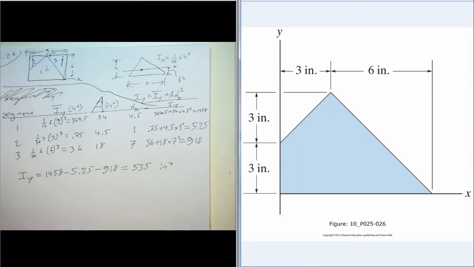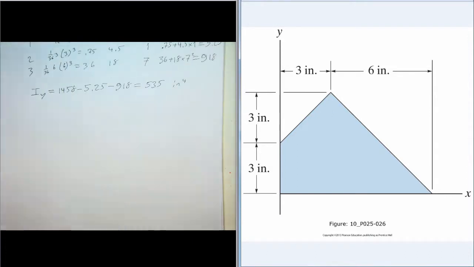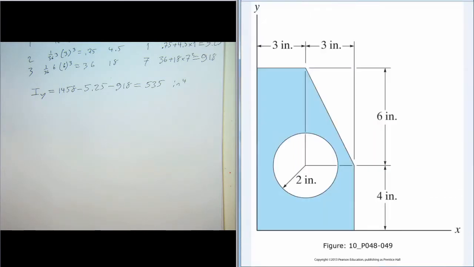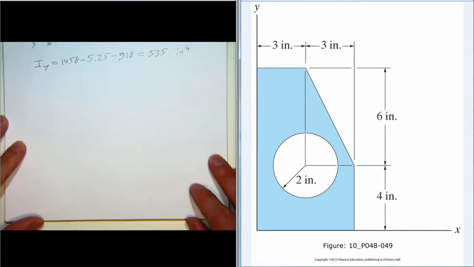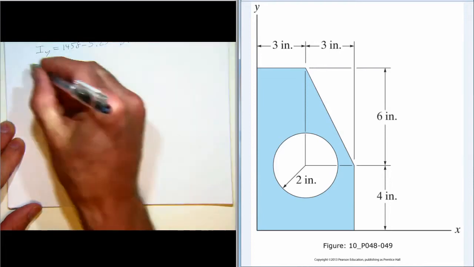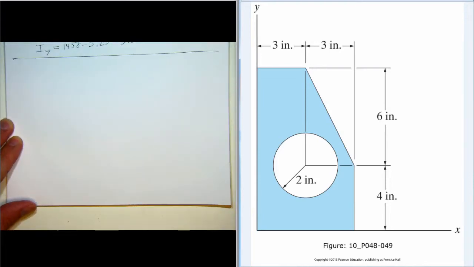And I won't complete the next example. I'll just get it started, and then I'll leave it up to you because it's really the exact same as the one we just did. So here's the problem, and we want to find the moment of inertia of this about the y-axis again.